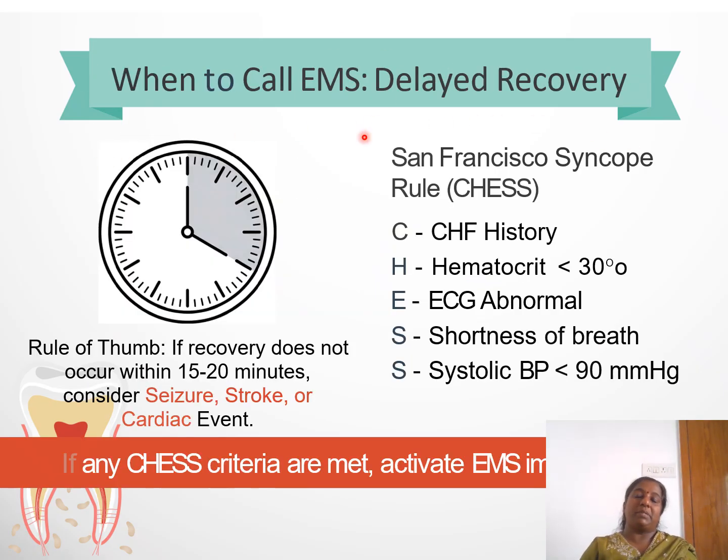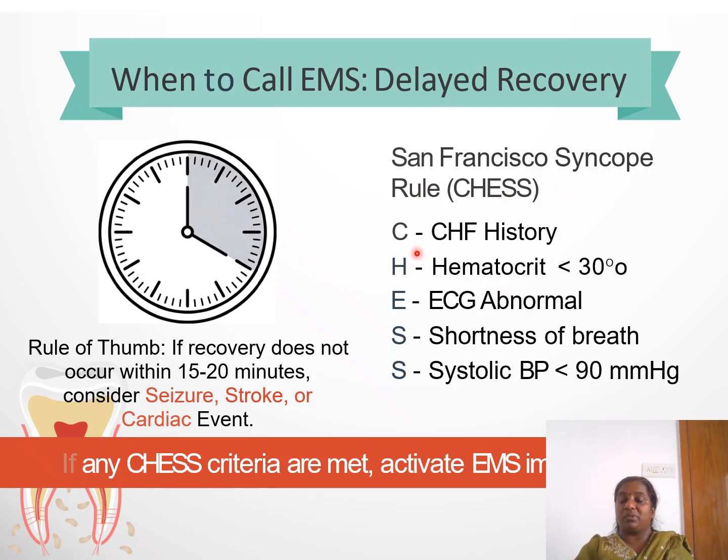When to call EMS? Even after managing the patient with all the management and drugs, if the patient is not recovering within 15 to 20 minutes, then some other major problem is there. We have to check for CHEST. What is this CHEST? This is the San Francisco Syncope Rule.